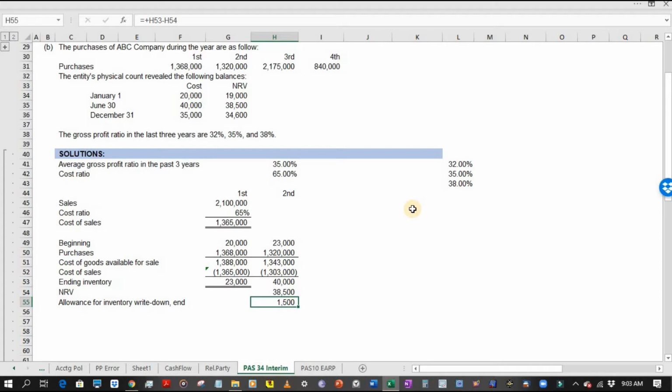So let us check if there is a beginning balance for the allowance on inventory write-down. Of course, the allowance on inventory write-down is the difference between the cost and net realizable value at the start.